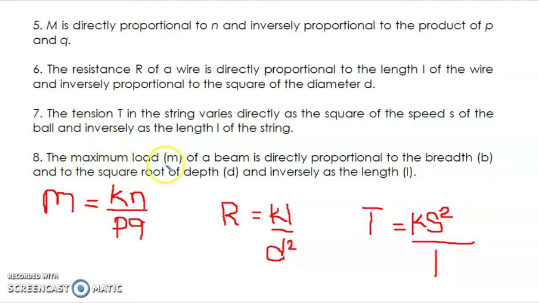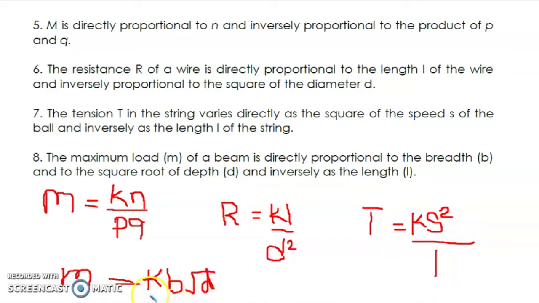Okay, how about this one? The maximum load M is directly proportional to the breadth B. So I will be writing it down as kB, because it is direct variation, and to the square root of the depth D. So we need a square root of depth D here.